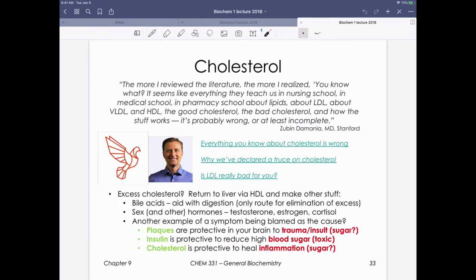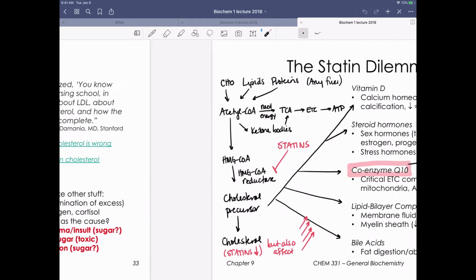Cholesterol is another way to protect and heal inflammation. Hopefully you see a theme here: sugar potentially can be the insult, the trauma, the toxin, if you will, that can result in neurodegenerative plaques, insulin resistance, and elevated cholesterol that, in combination with inflammation, can lead to cardiovascular disease.